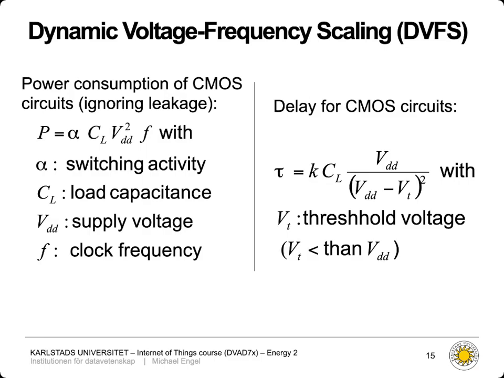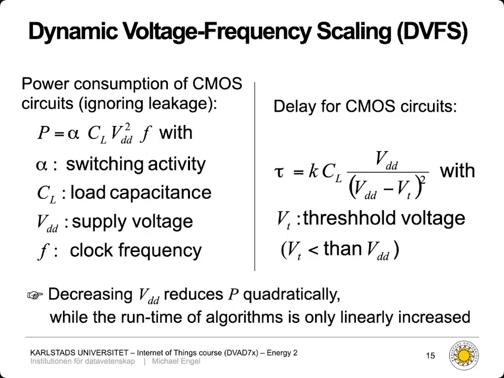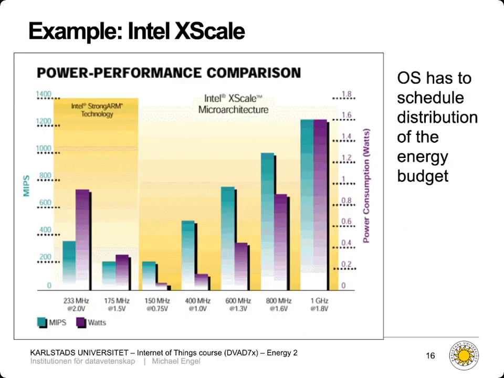So this time gets longer the lower your supply voltage is. This means if you can decrease your supply voltage, you can reduce the power consumption quadratically. But the good thing is you reduce the frequency only linearly, so the runtime of algorithms is only linearly increased, whereas the power consumption is reduced quadratically, which is a very nice property to have.